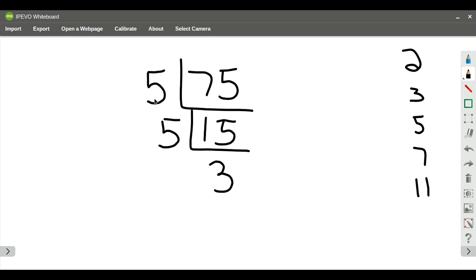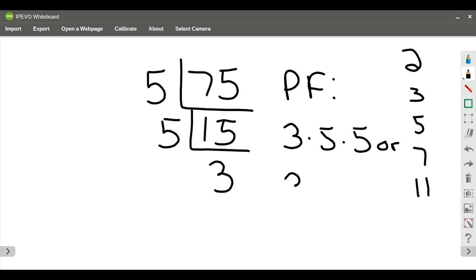So my prime factorization for 75 is going to be 3 times 5 times 5. Or generally we write prime factorization in exponent form, so it's going to be 3 times 5 to the second power. Okay, let's take a look at another one.